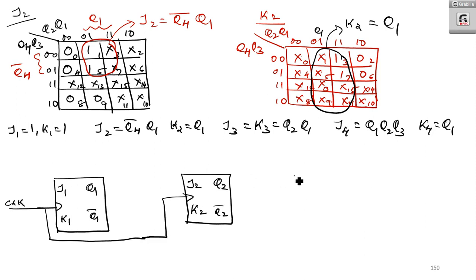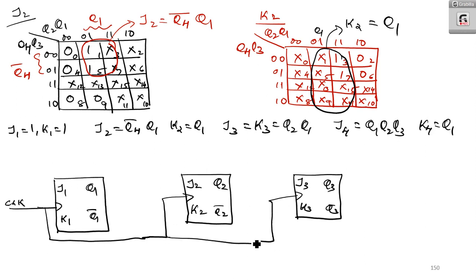Now comes J3 K3, Q3 bar. Again we are applying the same clock. Now comes J4 K4, Q4 bar. We have the same clock. This is a synchronous circuit, so you have the same clock. So that is ready.